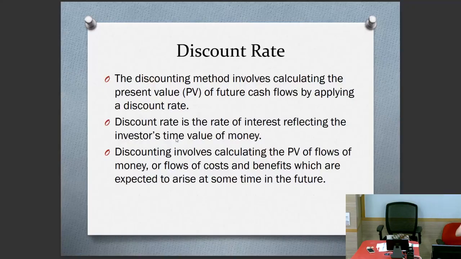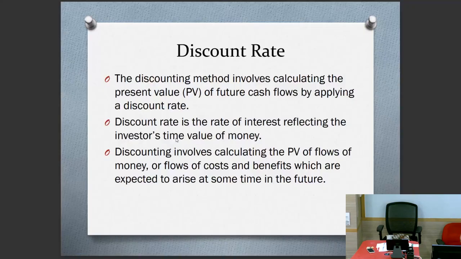So if you can invest the money in the stock market and get a lot of profit, your discount rate will be higher, and it means that what you get today will be worth much more than the money you get one year later, because you can use the money you get now and invest it in the market.